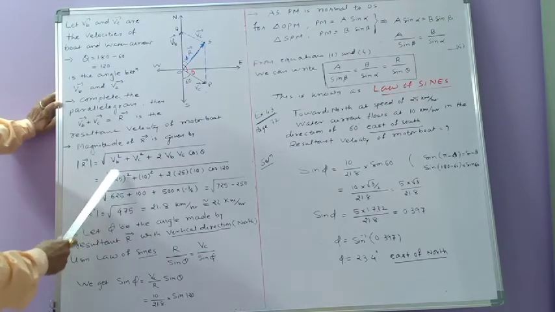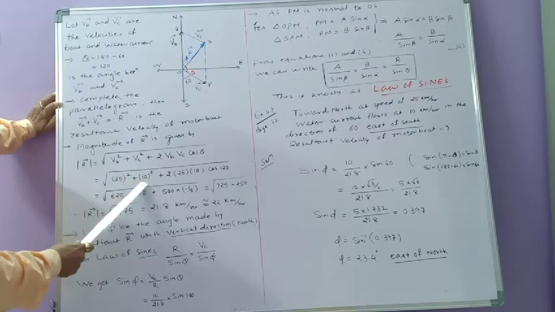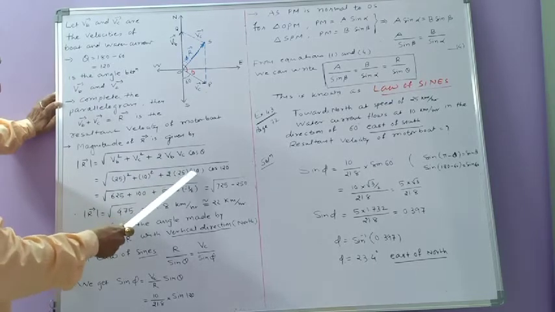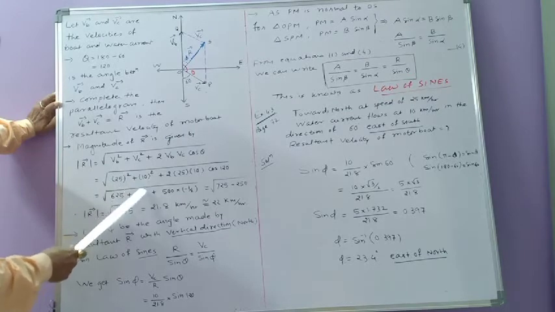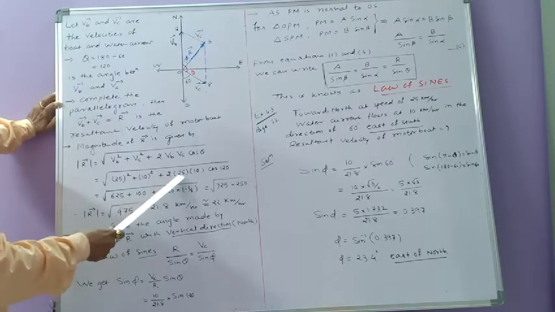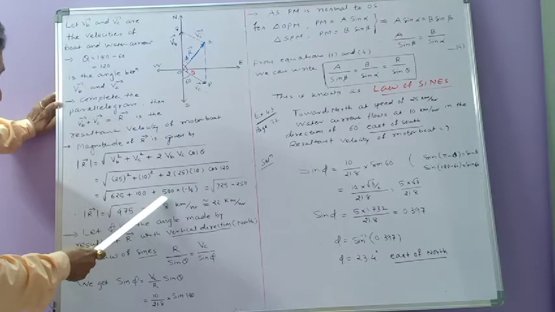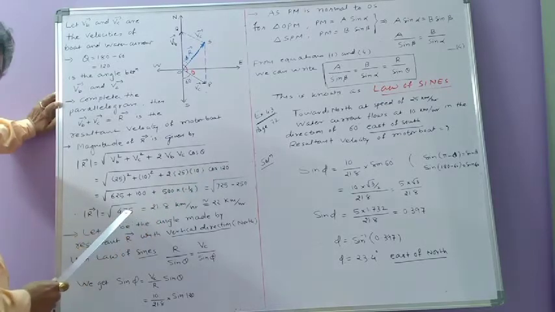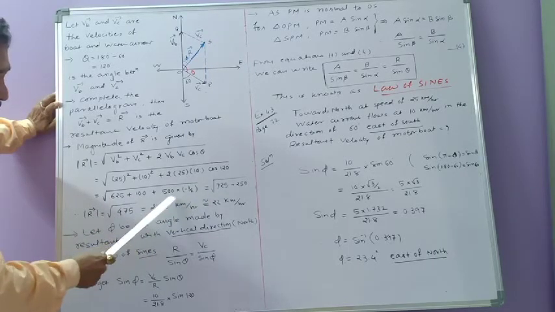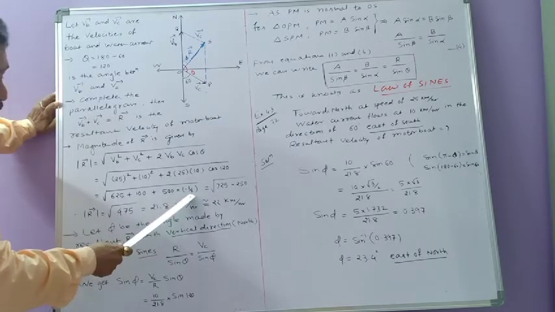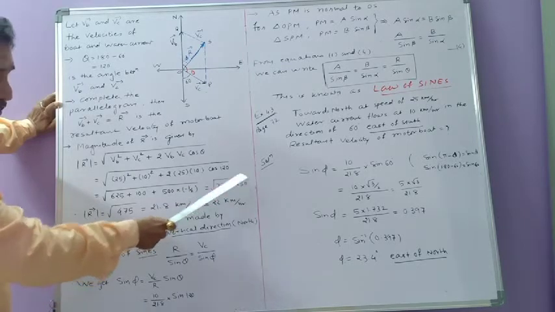Substituting the values, VB is 25, VC is 10: 2 into 25 into 10 into cos of 120. So this is 625 plus 100 plus 25 into 10 is 250, into 2 is 500, into cos 120, whose value is minus 1 by 2. So this is 625 plus 100, which is 725, and 500 upon 2 is 250 but with a negative sign, so minus 250.